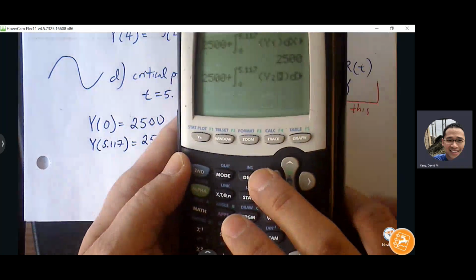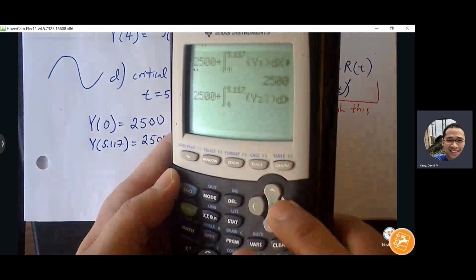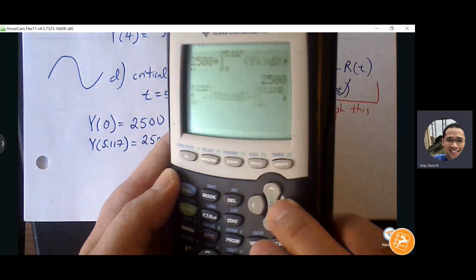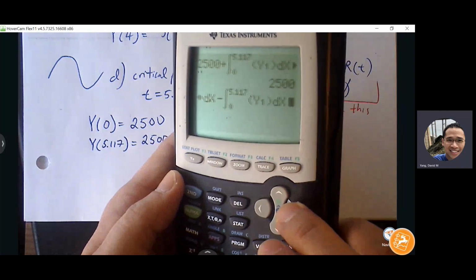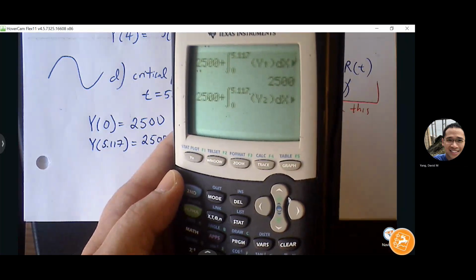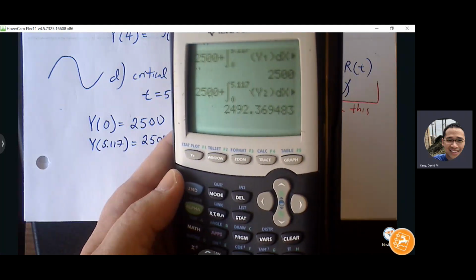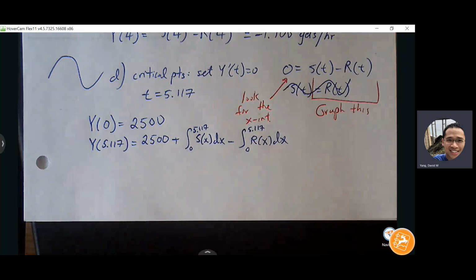All right, so it should be 2,500 plus the integral from 0 to 5.117 of the amount added minus the amount removed. Okay. So we have 2492. That's the amount of sand at 5 hours in, 2492.